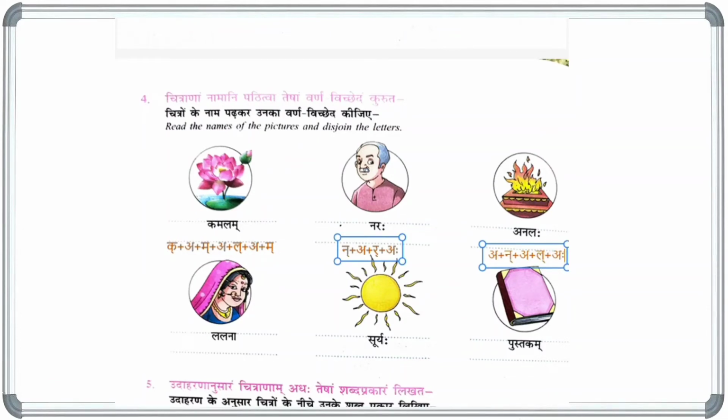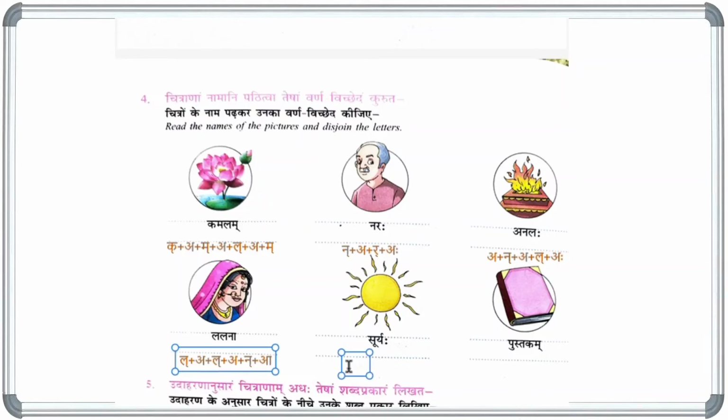Analaha. This is the third word disjoined. And the next word is Lalana. Lalana is a lady. So la halant plus a plus la halant plus a. L is repeated twice, that's why we write it two times. And na halant plus a. Lalana, lady.